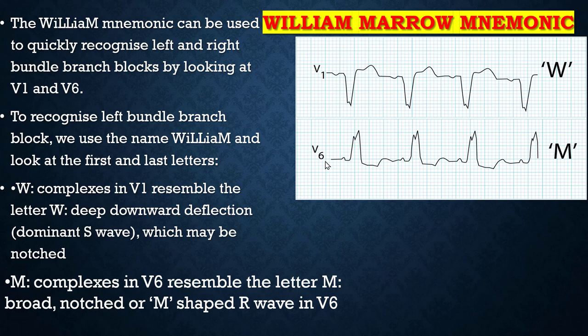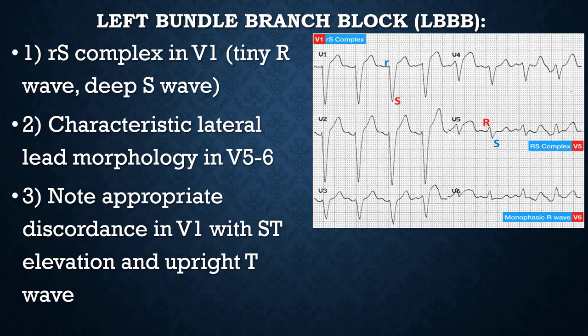Left bundle branch block may show an RS complex in V1. You will see in V1 an RS complex with a thin R wave and deep S wave. This is a thin R wave and here is a deep S wave. Characteristic lateral lead morphology in V5 and V6.